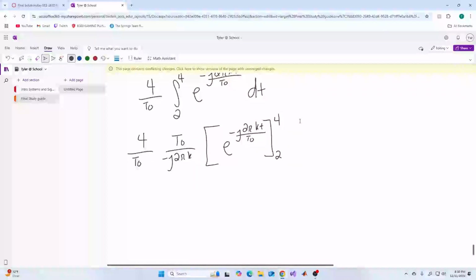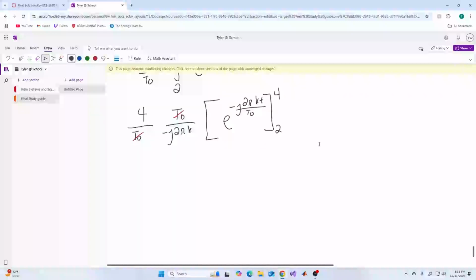Now we will plug in t0. And the reason I said that we shouldn't do that is because those will always cancel out. So at this step, this is when you want to plug in your t sub 0. So I'm going to have 4 all over negative j 2 pi k. Now, yes, we can simplify the 4 and 2, but don't do that because sometimes we need the 2 and then it just becomes repetitive where we plug it back in.